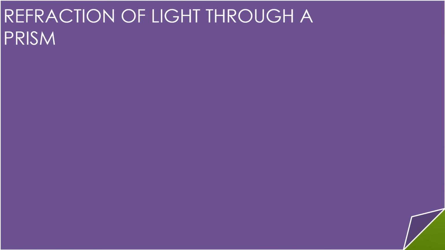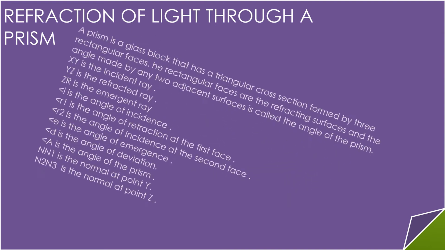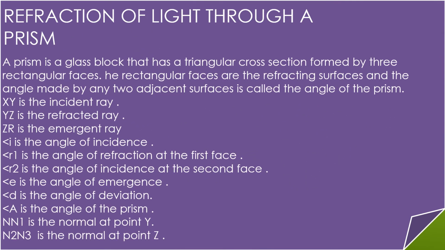Refraction of light through a prism. A prism is a glass block that has a triangular cross-section formed by three rectangular faces. Here the rectangular faces are the refracting surfaces and the angle made by any two adjacent surfaces is called the angle of the prism. XY is the incident ray. YZ is the refracted ray.